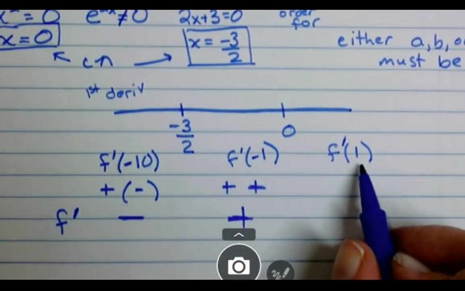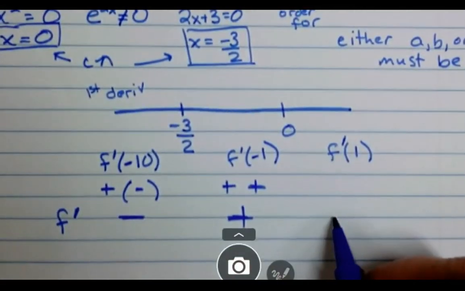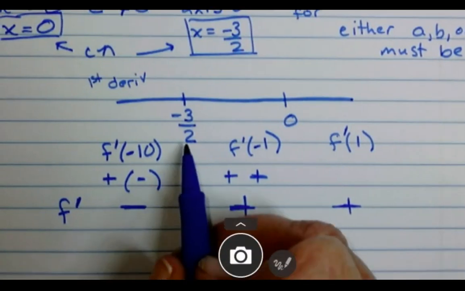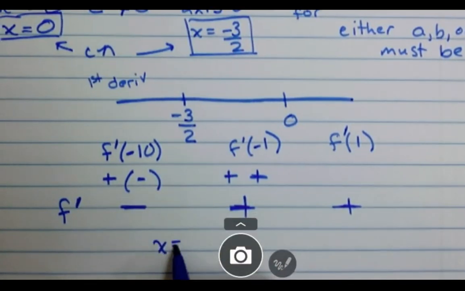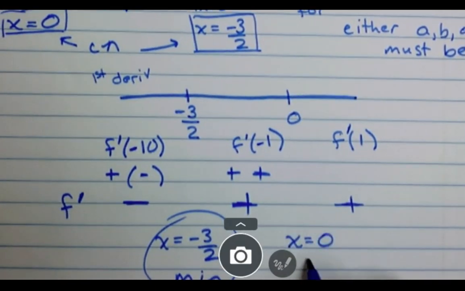And now let's plug in +1, positive, positive. So that's still positive. So what we have here is x equals -3 over 2 is a min, and x equals 0 is not a max or min, but it is probably what we call a shelf point.